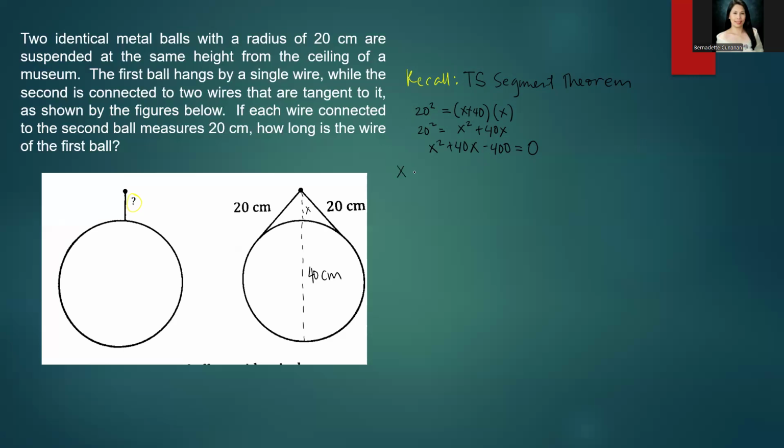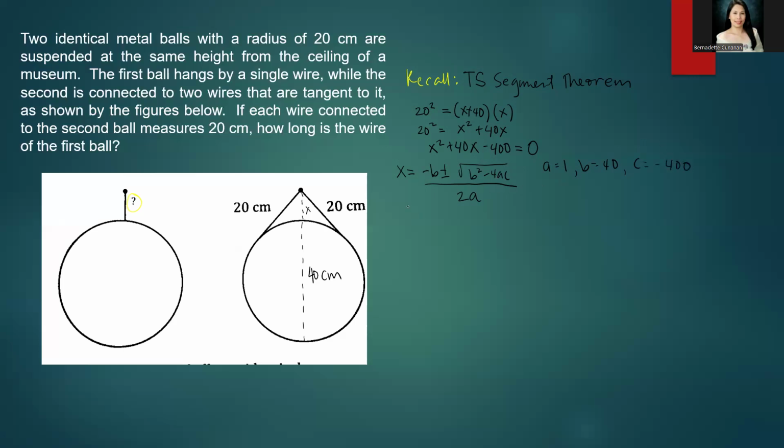So what's the formula for quadratic? We have x equals negative b plus minus square root of b squared minus 4ac all over 2a. So in the given here, a is 1, b is 40, while c is negative 400.